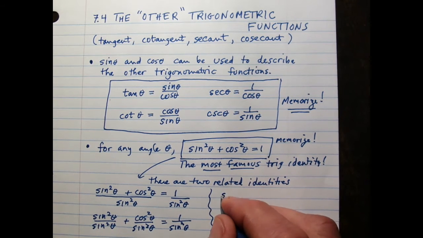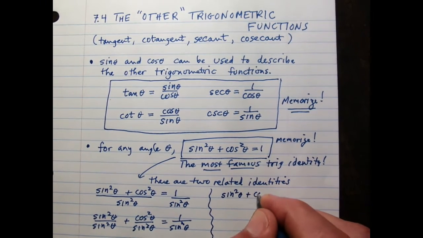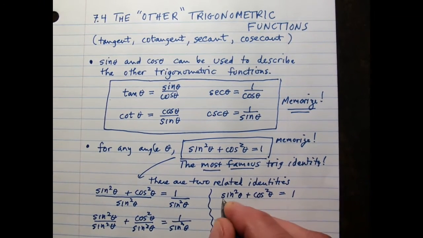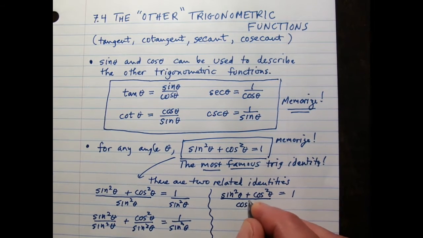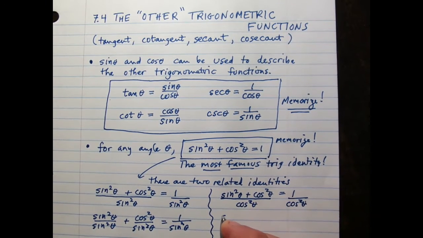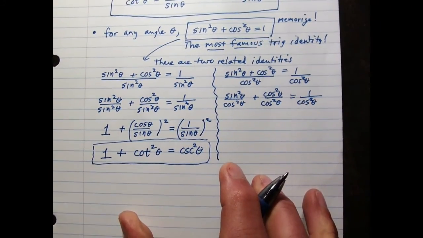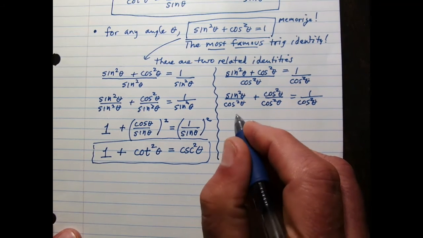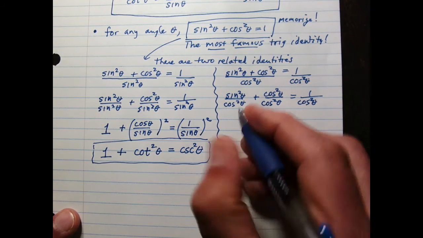Now, we can take that same sine squared theta plus cosine squared theta equals 1, and I could have divided both sides by cosine squared theta. In fact, you were probably already thinking that. And we go through the same steps: sine squared theta over cosine squared theta. I'm going to take this left-hand side apart as a sum of fractions, and do the same thing.